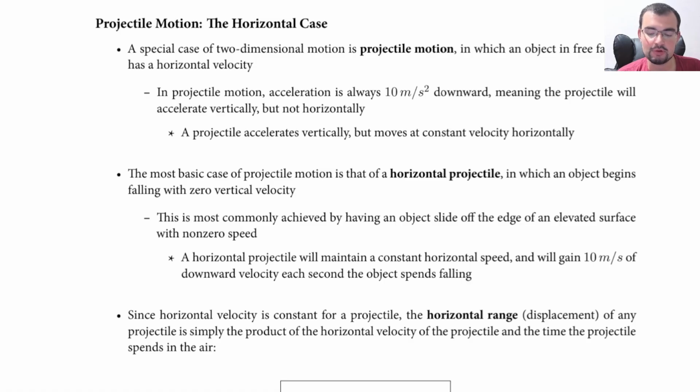So we have dealt with projectiles almost. We haven't considered the horizontal motion yet, but we have done so much with the vertical motion. We've done the kinematics, we've done the graphs. So now we're just adding another piece. Because the object does not care that it's moving horizontally. Gravity still does the same thing.